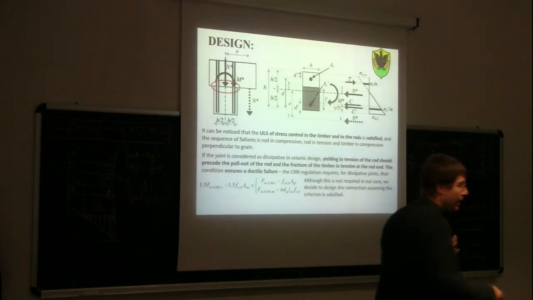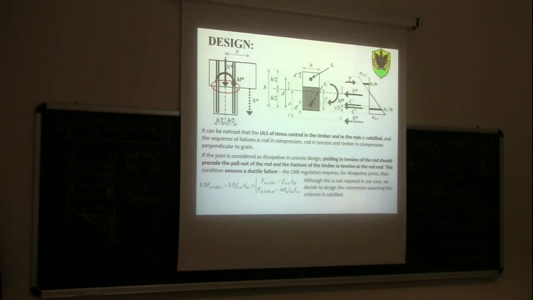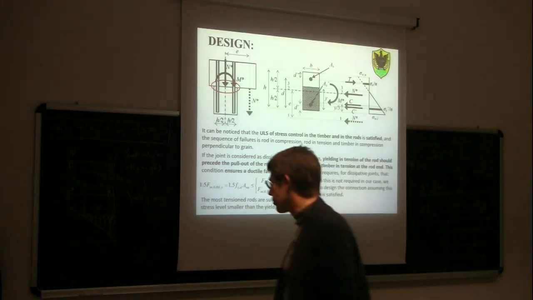Even though in this case, for the case that we are now analyzing, it is not necessary to do this kind of check, if you want, as a matter of exercise, we can apply this criterion to our case. So basically what we say is this.